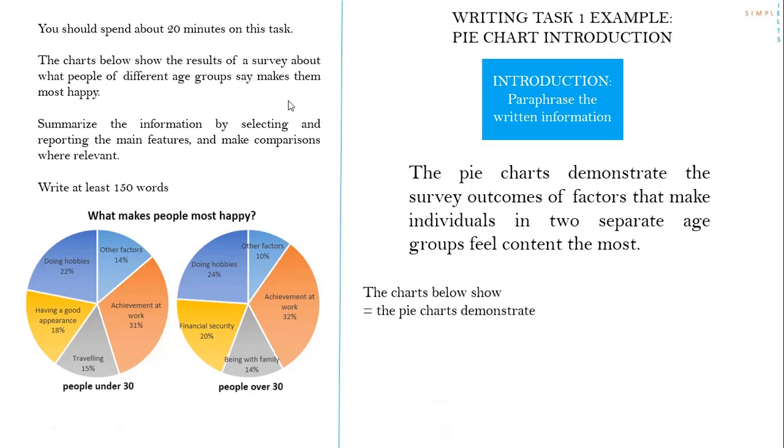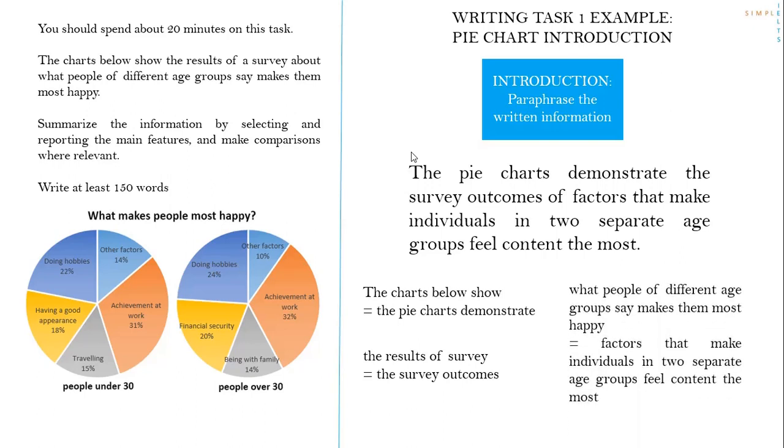The charts below show has the same meaning with the pie charts demonstrate. Show has the same meaning with demonstrate, or you can also say illustrate. They have the same meaning. And then the results of survey has the same meaning with the survey outcomes. Results have the same meaning with outcomes.